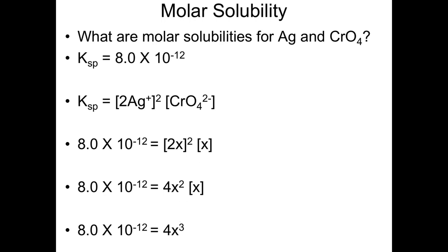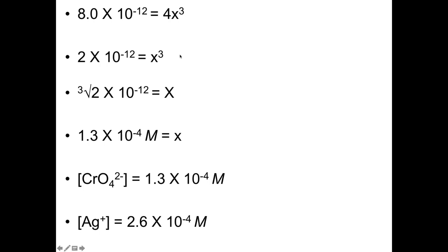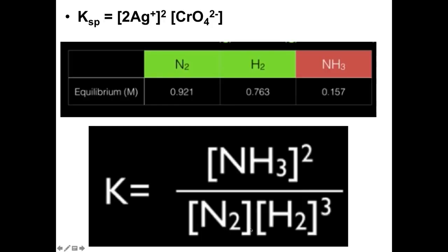Then we'll have to take the cube root to get 1.3 times 10 to the negative 4th. The concentration of chromate is 1.3 times 10 to the negative 4th, and the Ag is 2.6 times 10 to the negative 4th. Then you're going to plug this into the equation to get the new value.